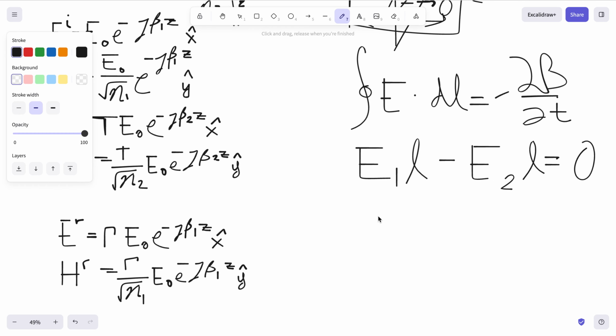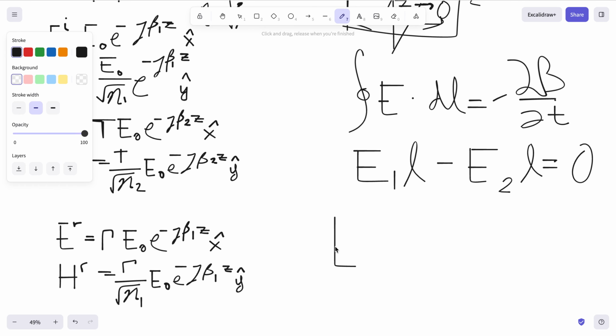And then, this can be rewritten using the vectors that we know as E sub I plus E sub r minus E sub t equals 0.